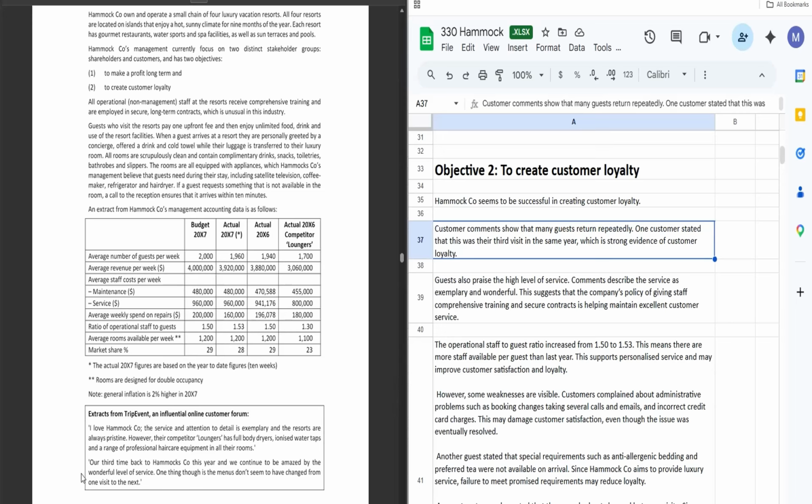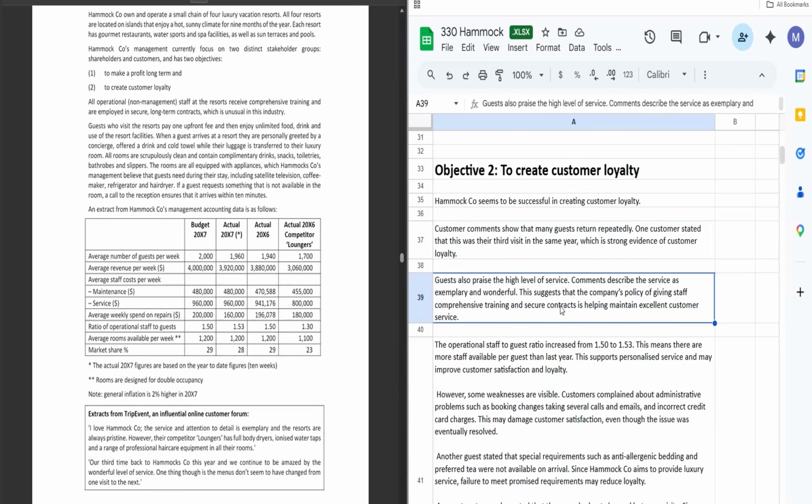You can see, "our third time back to the Hammock company this year." It is a very strong evidence of customer loyalty, that a customer is visiting a third time within the same year, right?